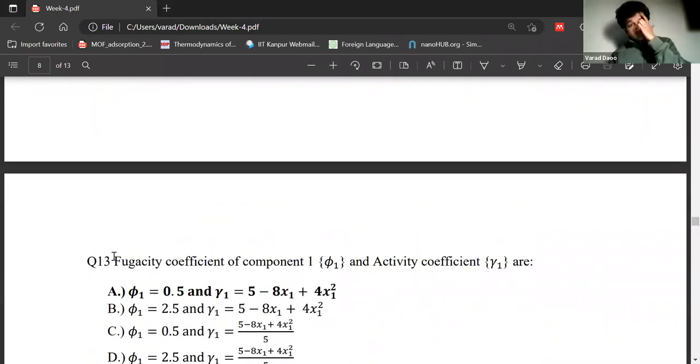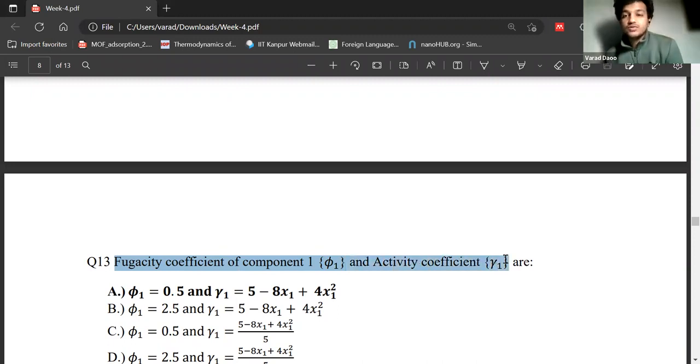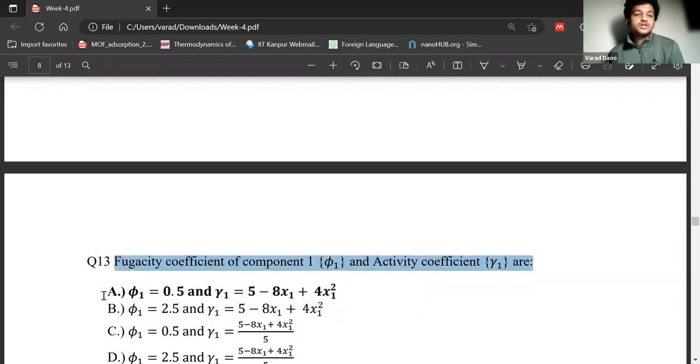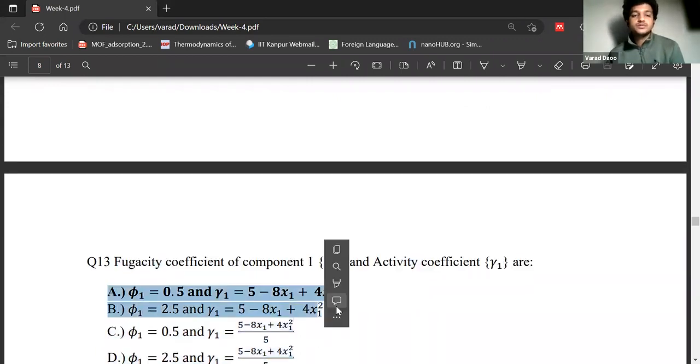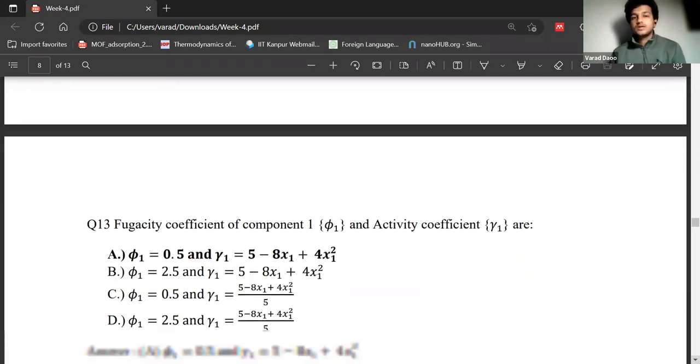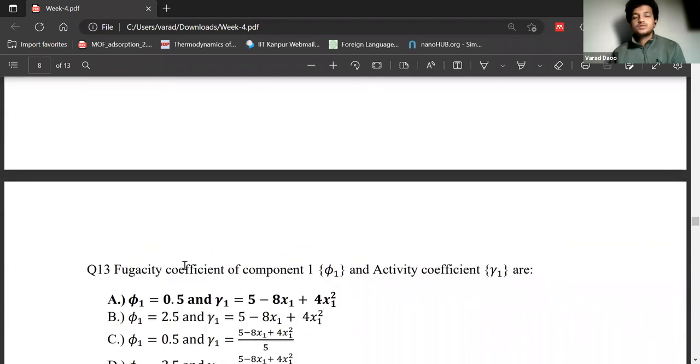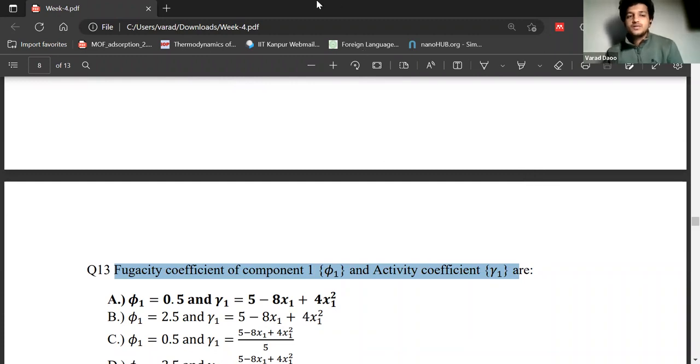What we want is the fugacity coefficient phi 1 and activity coefficient gamma 1. These are the options. I'll give you a couple of minutes to try.